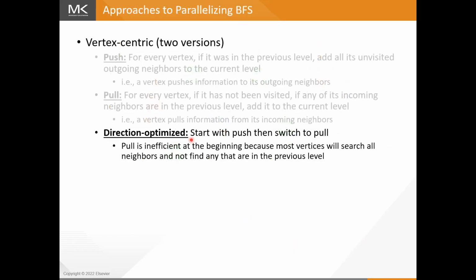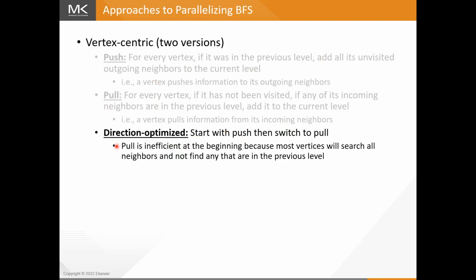We also said that the push and the pull approaches have different strengths and weaknesses. And that's why usually the push is good in the early stages where we haven't visited a lot of vertices. Pull is good in later stages where we have visited a lot of vertices. So the chances of finding a vertex in the previous level among our neighbors is high.